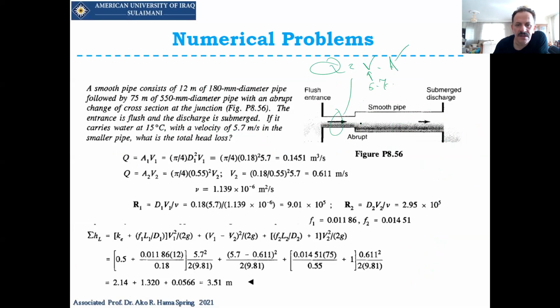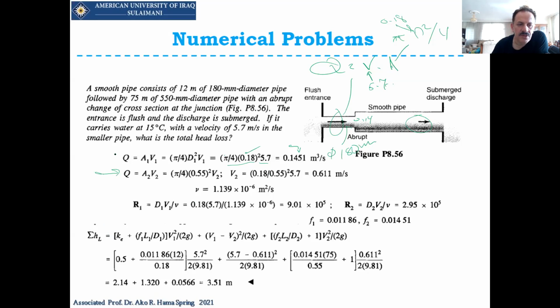And the A: we know that the diameter here is 180 millimeters, so A is pi d squared over 4. So 0.18, pi d squared over 4, times the V is Q. This Q, which is 0.14, will be the same Q that goes to pipe number 2.